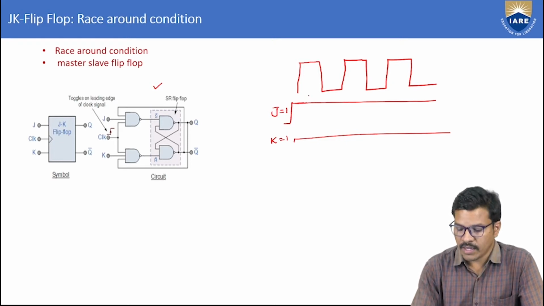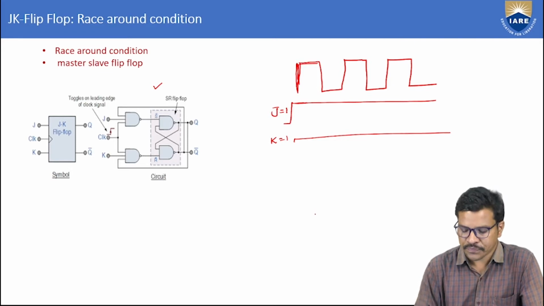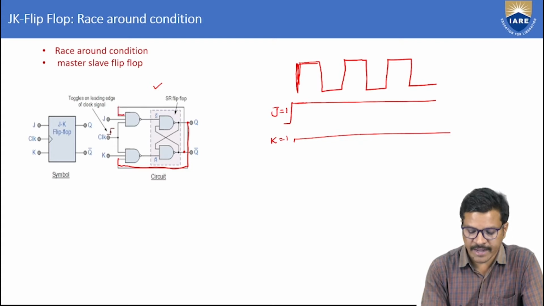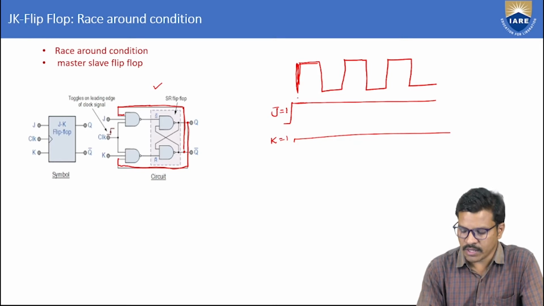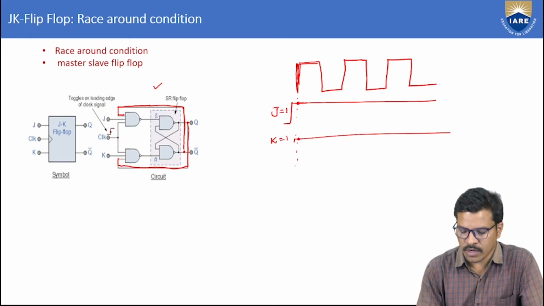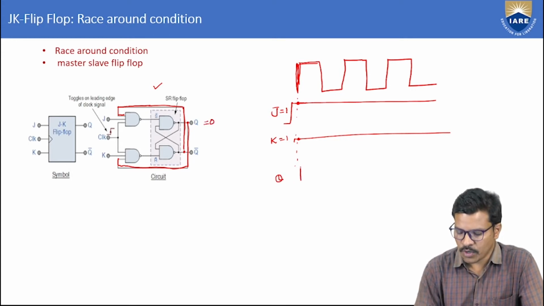When we apply J equal to 1 and K equal to 1 in the JK flip-flop, because of the feedback connection, Q is connected back to the K NAND gate, and Q bar is connected back to the J NAND gate. In this clock pulse, when J is equal to 1 and K is equal to 1, you will get the toggle output in Q. For example, initially 0, the output will become 1.